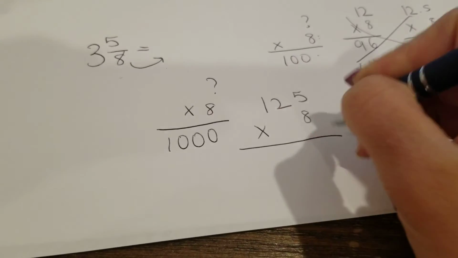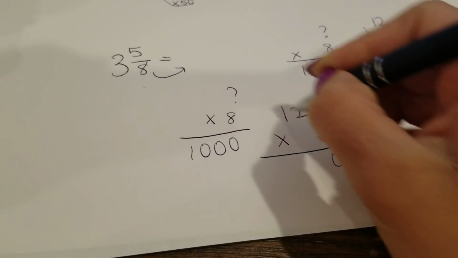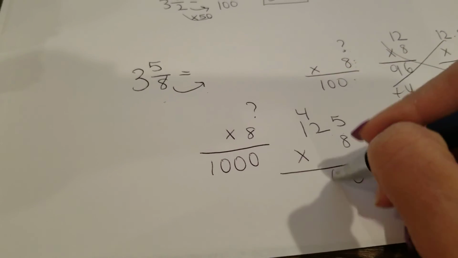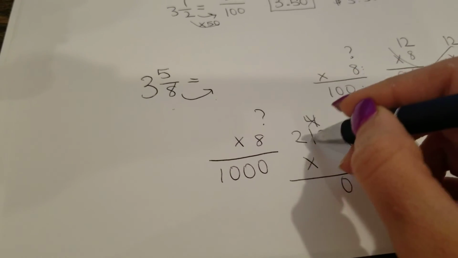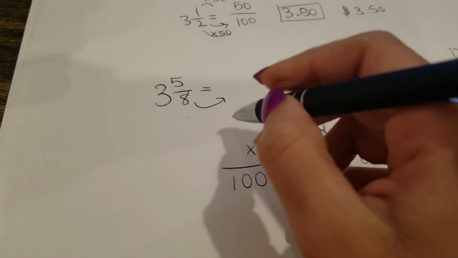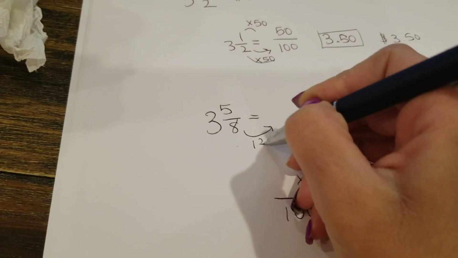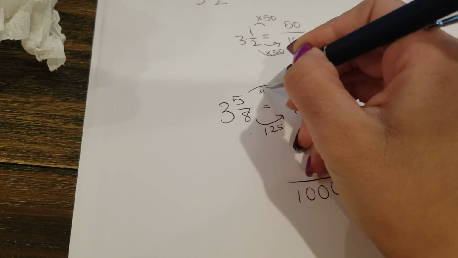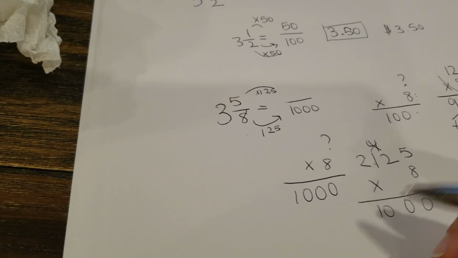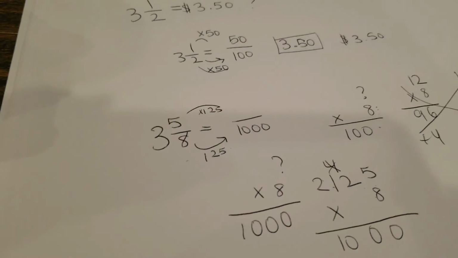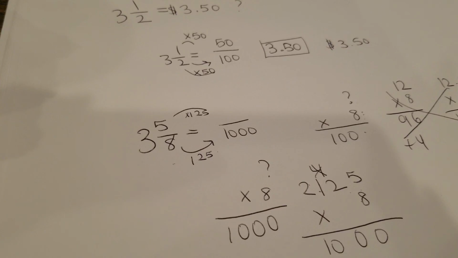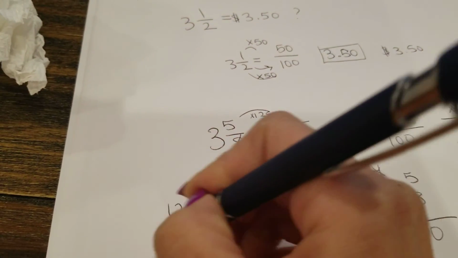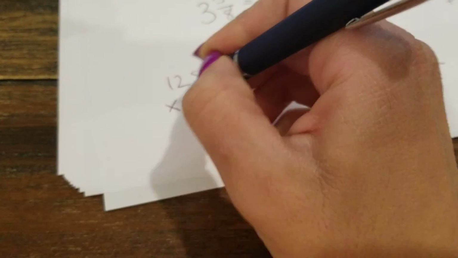125 times 8. 8 times 5, 40, carry the 4. 8 times 2, 16, plus 4 is 20. 1 times 8, 8, plus 2 is 10. So now I know that 8 times 125 equals 1,000. So 5 times 125, what if I have 125 plus 125 plus 125 plus 125 plus 125, 5 times, right?